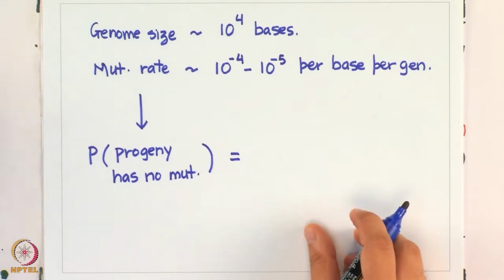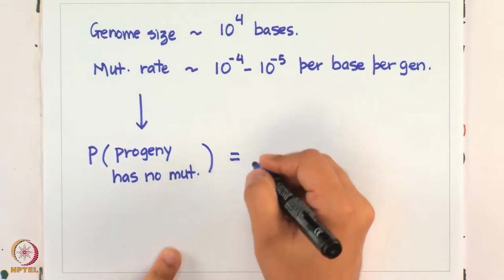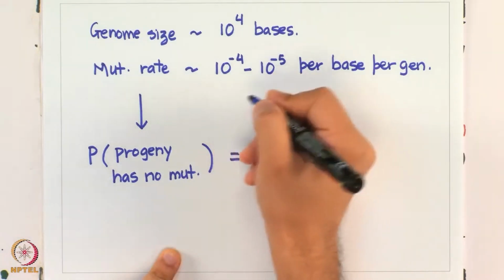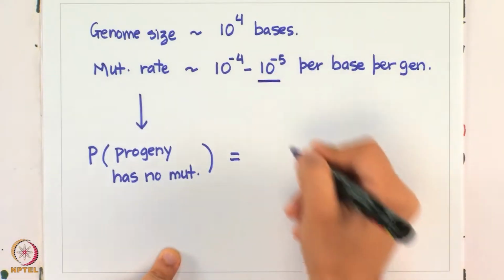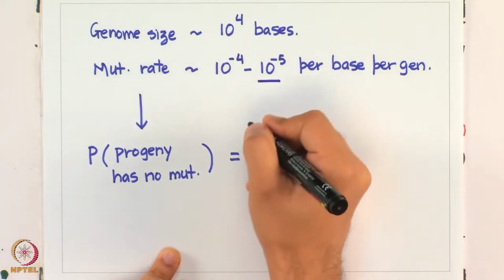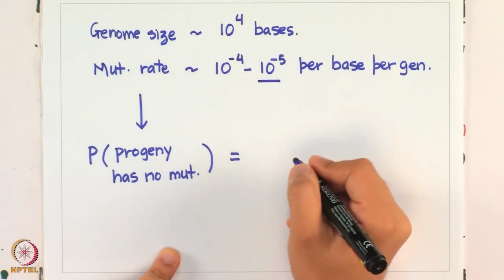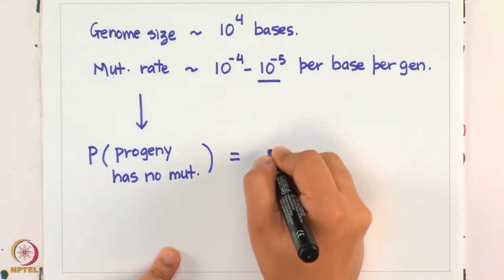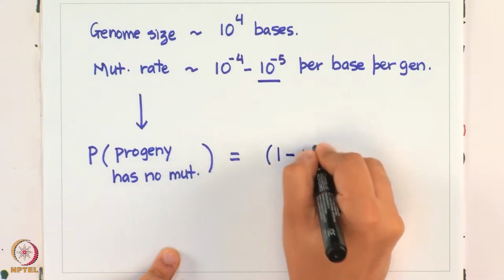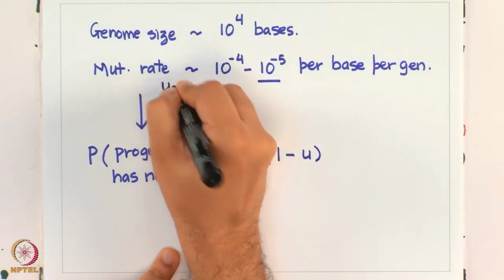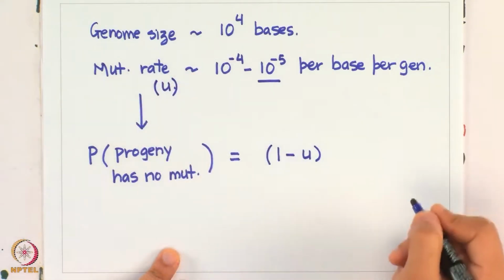For our analysis, let's take the mutation rate to be 10 to the power minus 5. The actual value is somewhere between the two, but the probability that one base is correctly copied is 1 minus u, where u is the mutation rate associated with replication.